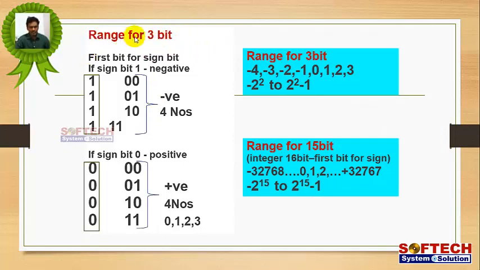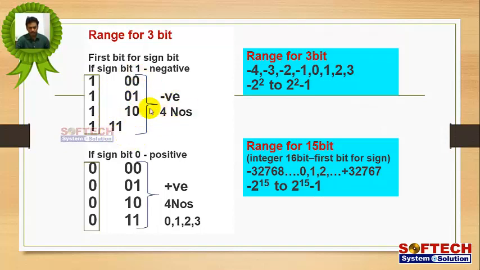The first bit is the sign bit, and the remaining 2 bits store the value. If the number is negative, the first bit is 1. For positive, the first bit is 0. The remaining 2 bits make 4 combinations: 00, 01, 10, 11.